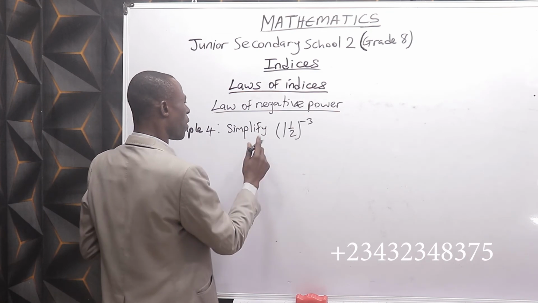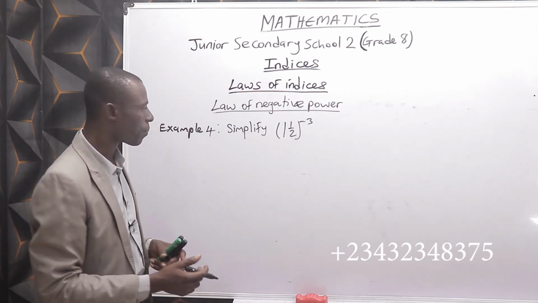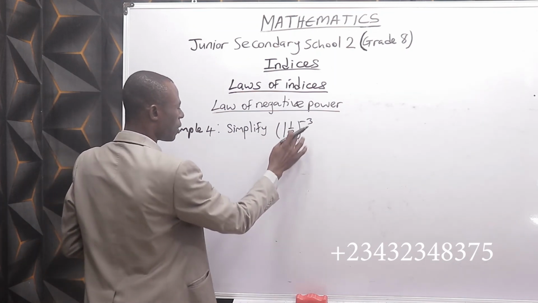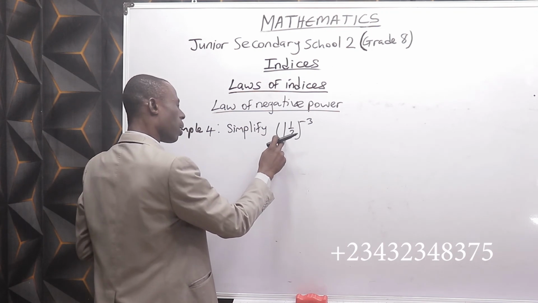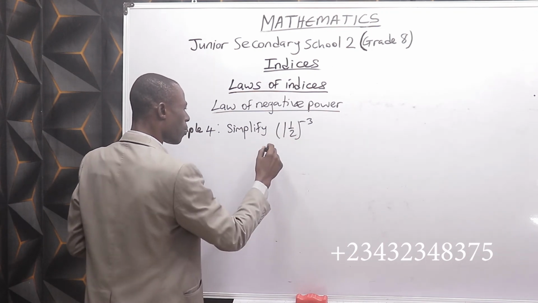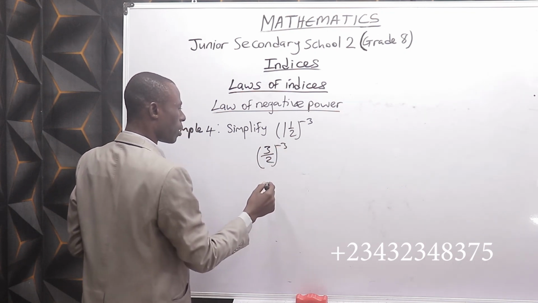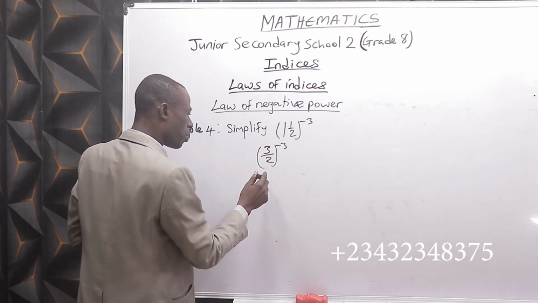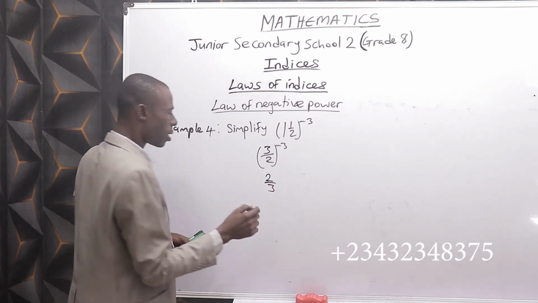Let's consider the last example I have for you under this. Example 4. Simplify 1 whole number 1 over 2 in bracket raised to power negative 3. I convert the number in the bracket to an improper fraction. 2 times 1, that's 2, plus 1, that's 3 over 2, raised to power negative 3. What does this mean? It means 2 over 3, as you have been taught.